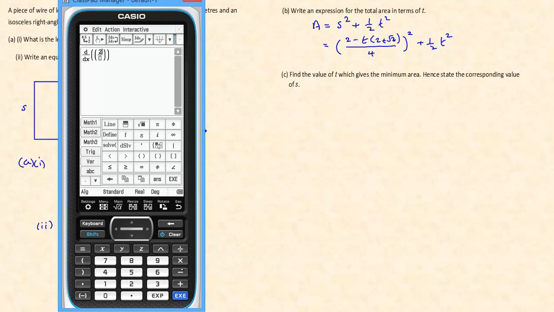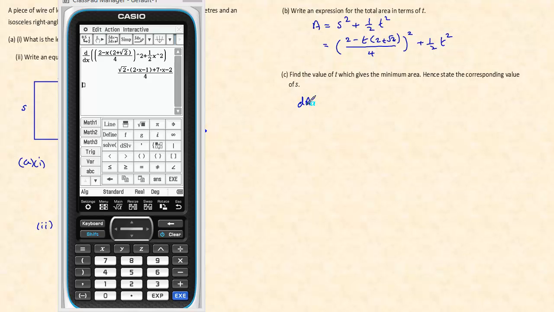So it's 2 take away x into 2 plus root 2, and that's all over 4, and we'll square that, and then we need to add to that half of x squared, and that gives us this expression just here.